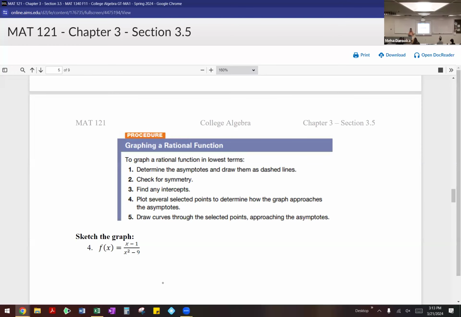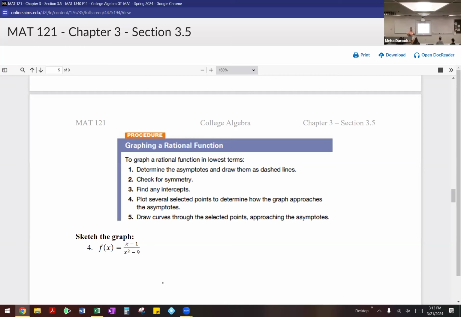So graphing will be very similar to what we had done in the last section. Talk about symmetry, see what intercepts your function has, both x and y intercepts. And then, of course, your asymptotes are going to be crucial because that's where we know what the behavior of our graph is going to be. So start by finding the asymptotes.